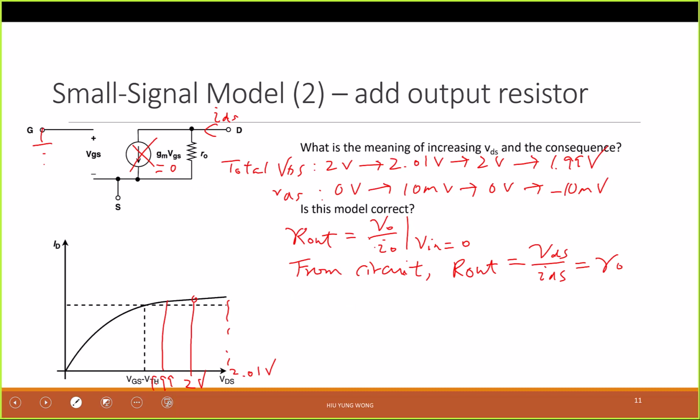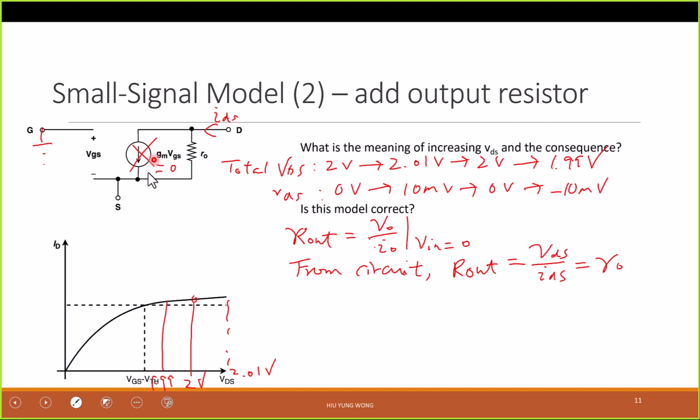This is a little bit confusing. Maybe it has some looping there. But in summary, I hope that at this stage you understand what we are doing. We have a transistor which is not linear. We try to bias it at a DC point. And then we only need to discuss how a small signal changes its characteristic.